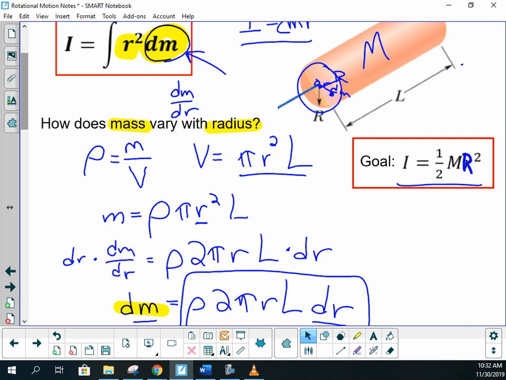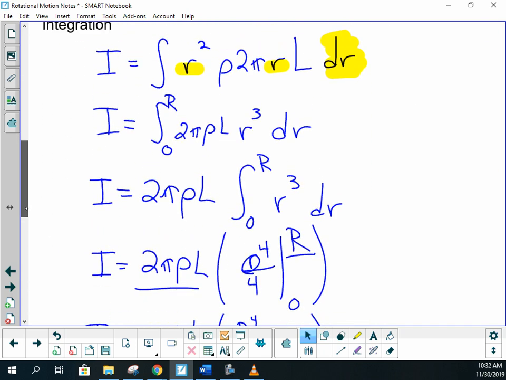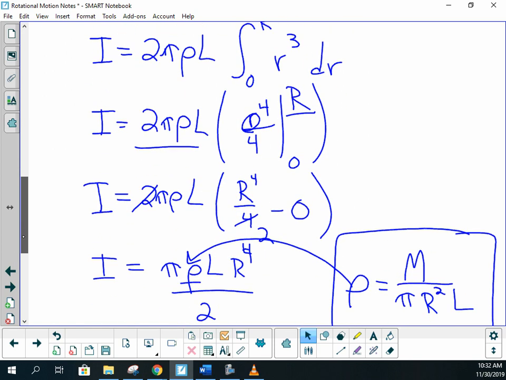And then we can actually perform the integration, right? So when we come down here and do our integration, we substitute in for our dm, and we get all of our variables to match. We simplified, we pulled our constants out front, and then we integrated r cubed with respect to r. We used our limits from 0 to capital R because, again, we're looking from our axis of rotation out to the outside.